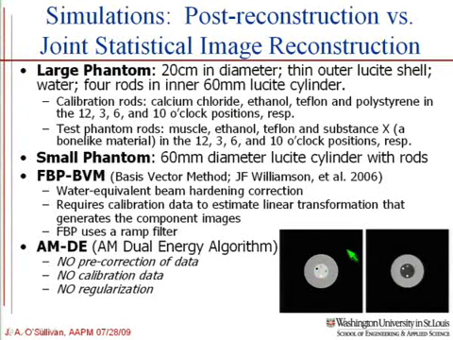And these are two component images. For the standard, what I'll call the basis vector method following Jeff Williamson et al., there was a calibration scan where you took measurements of this exact phantom with these holes filled in with whatever you choose.